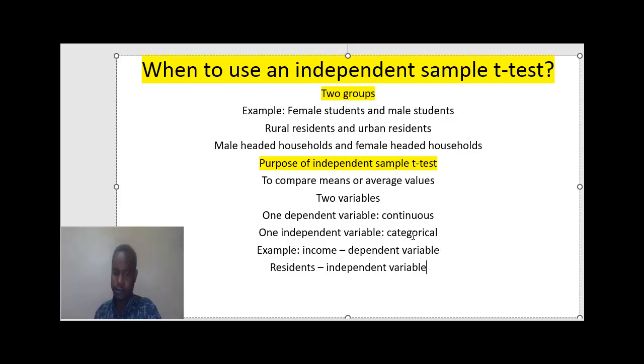Independent variable. And look, income is the dependent variable and residents are the independent variable. There is one dependent variable and one independent variable.